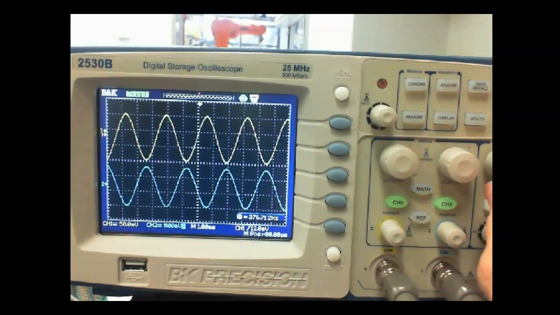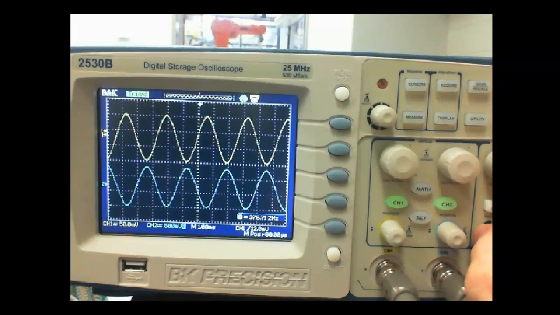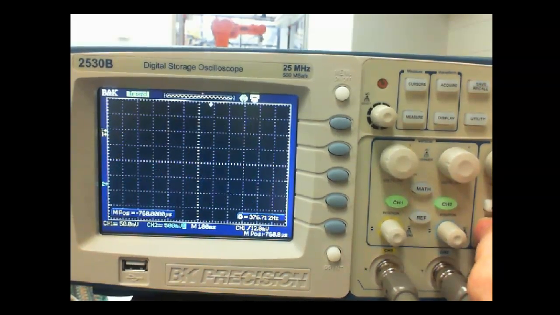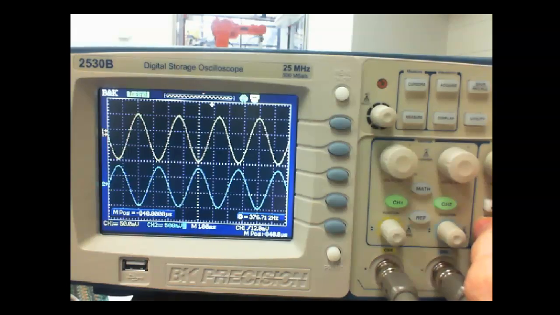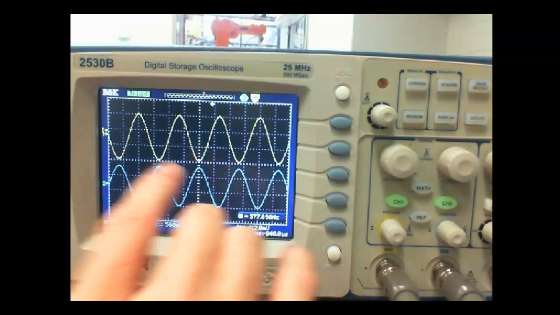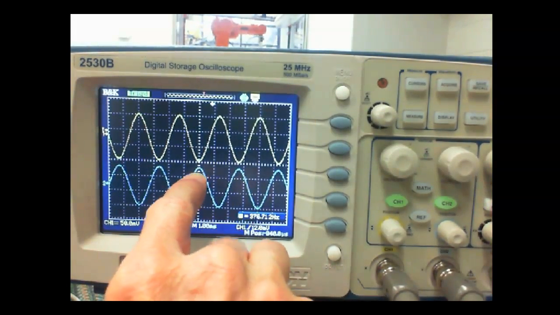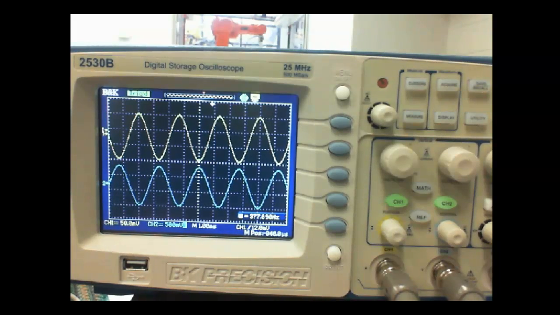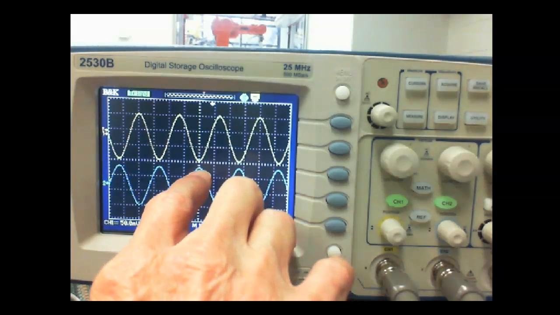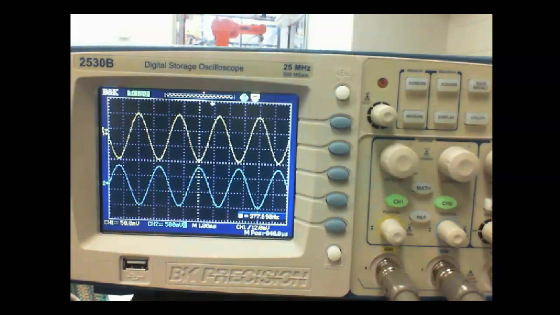That's what's nice about that. Let me move it over and fit it. Yeah, that's 10, that's 30. So that's 1.3 volts per division.